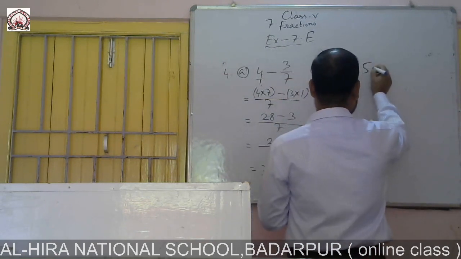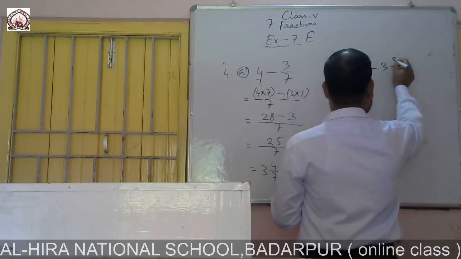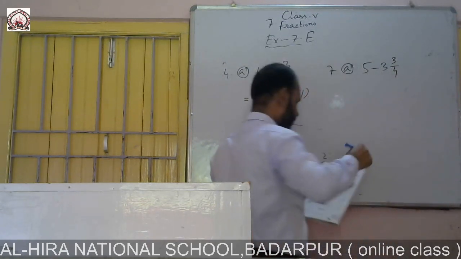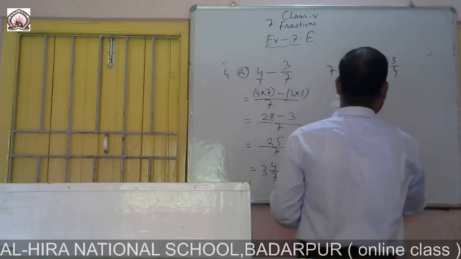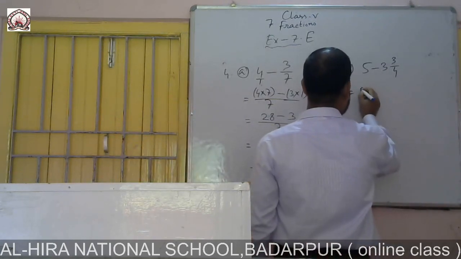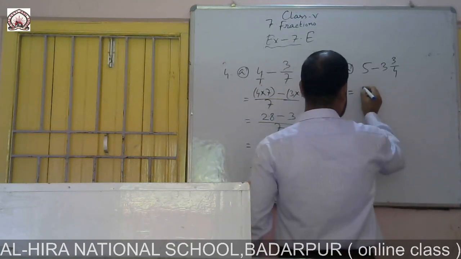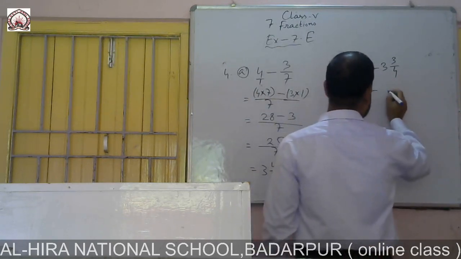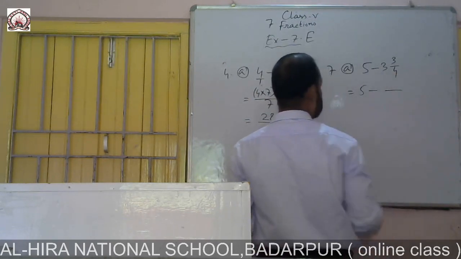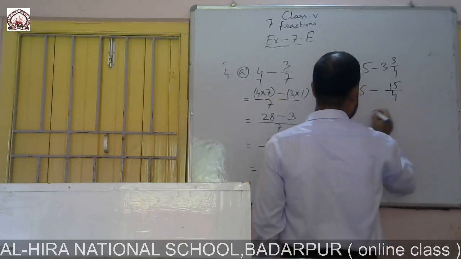Like the same, 5 minus 3 by 4. 5 minus 3 by 4. Now 5 remains and this one is a mixed fraction. We change into improper fraction. 3 fours are 12, 12 plus 3 is 15, 15 by 4.